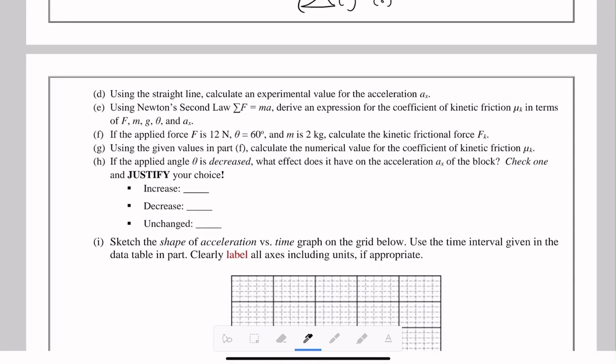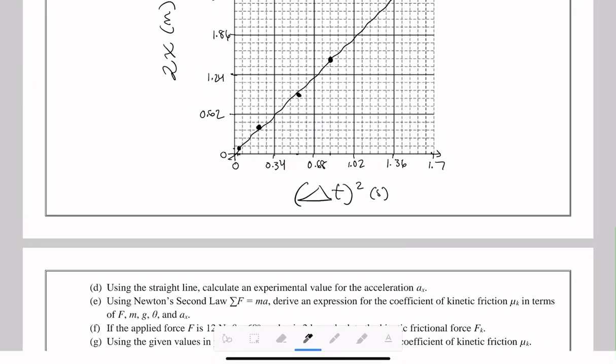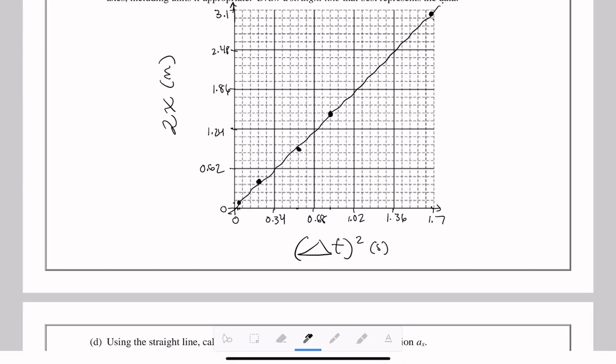Okay, so for an experimental value for acceleration, I'm just going to use this slope. This looks like a solid point here, and then this looks like it's going through 0, 0.